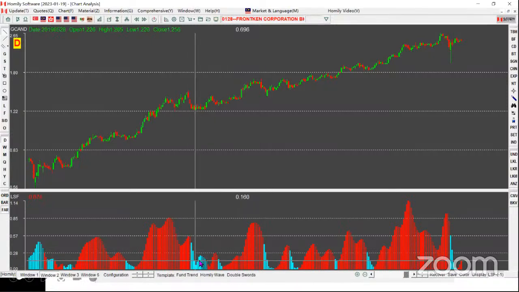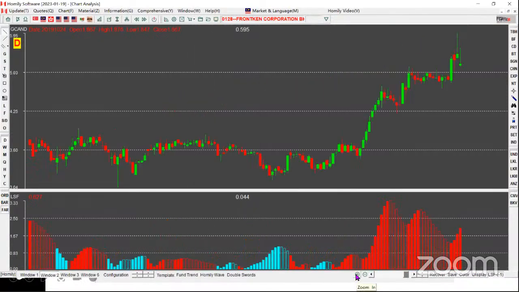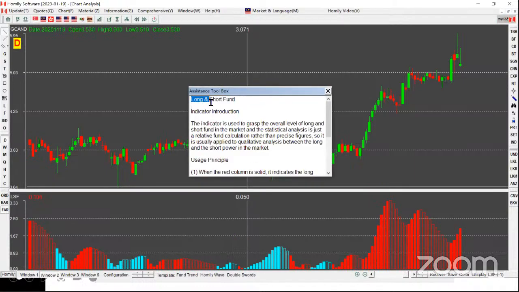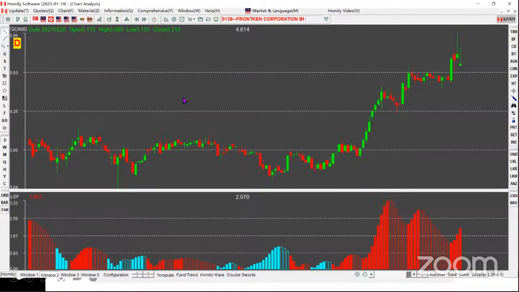Blue means the selling funds are stronger than the buying funds, and red means the buying funds are stronger. The solid blue means increasing, the hollow blue means decreasing. LSF is long and short fund. You can right click and you see long and short fund.